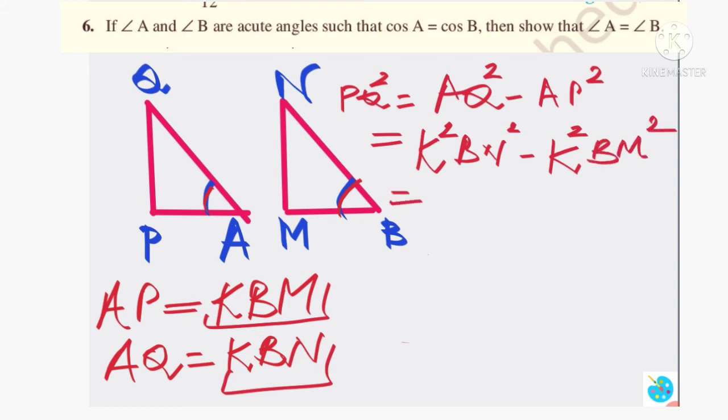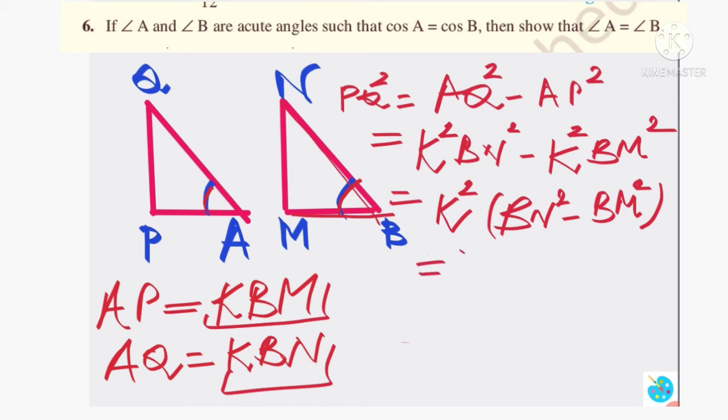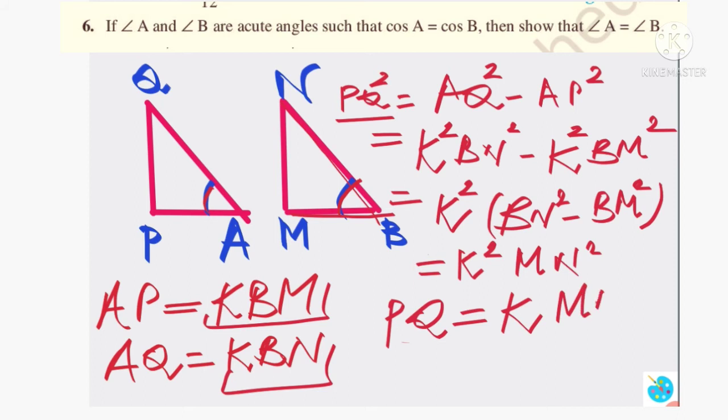Right, now if I take k square common, I am left with BN square minus BM square. And what is this BN square minus BM square? It is clearly MN square. So I get k square MN square. So this is PQ square. What if I want to get PQ? PQ comes out to be k times MN.